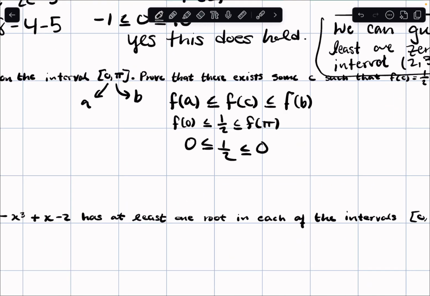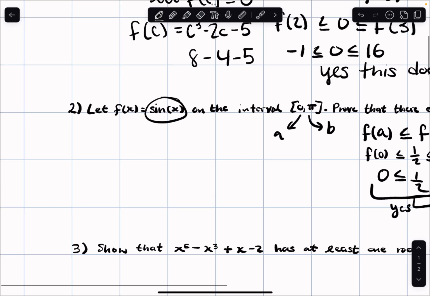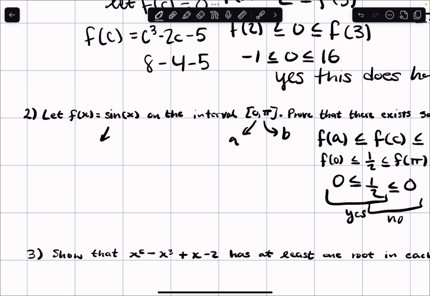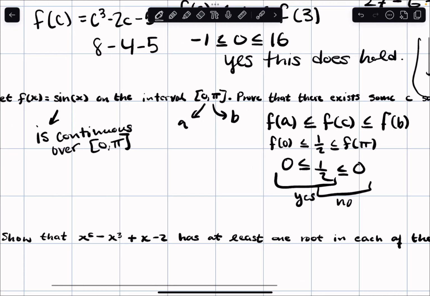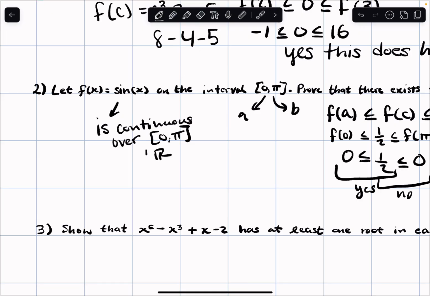All right, we're in a little bit of a predicament. 0 is less than 1/2, so this part is correct. But is this half correct? No. And also, this trigonometric function right here, I keep forgetting to mention it, is continuous over 0 to pi. And it's actually continuous everywhere.